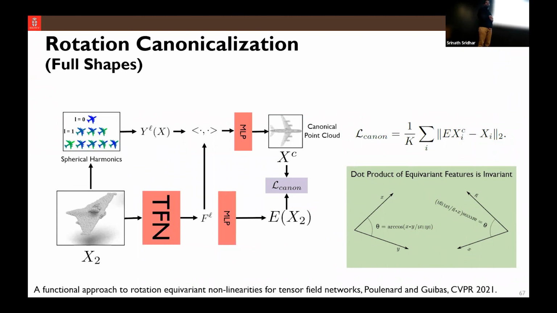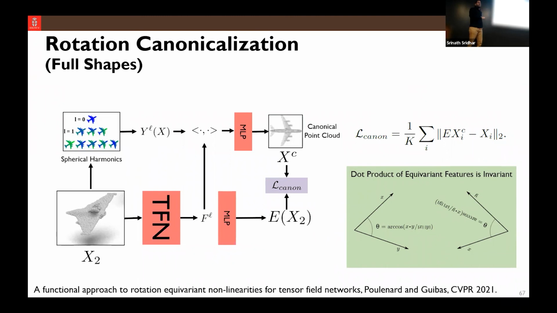Sorry, say it again. Is the MLP also constrained to be equivariant? No, it's just an MLP. These features are equivariant, but there are no constraints on the MLP. This is not equivariant. It's just a normal MLP.